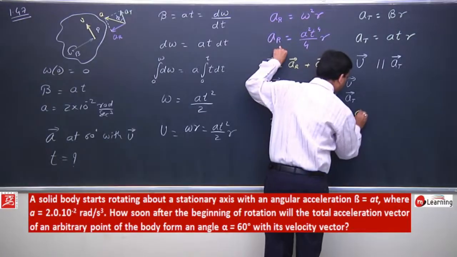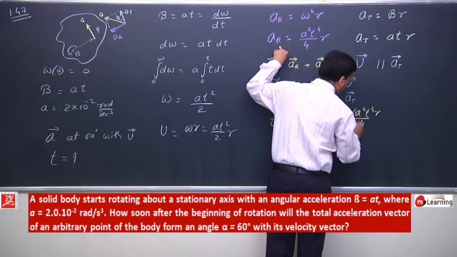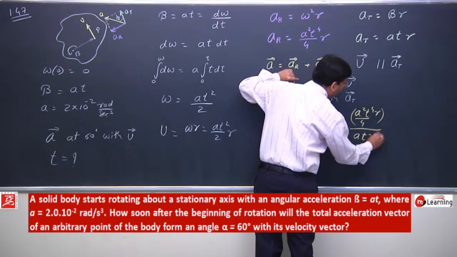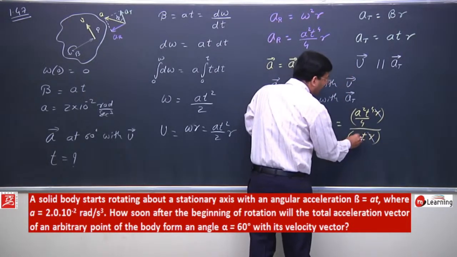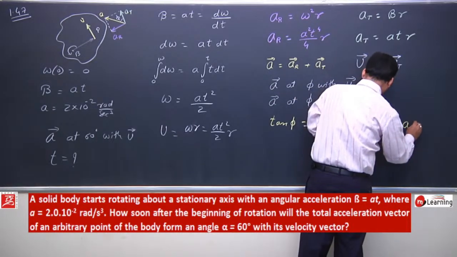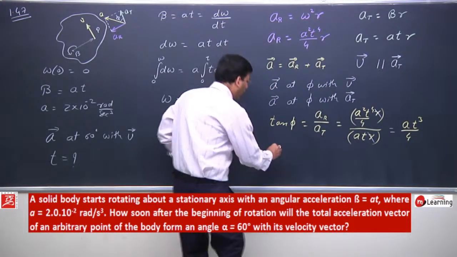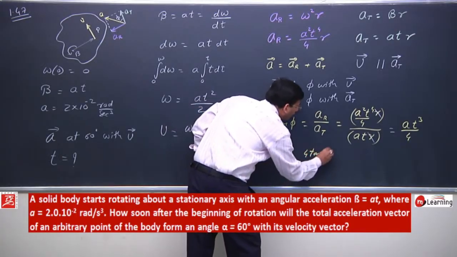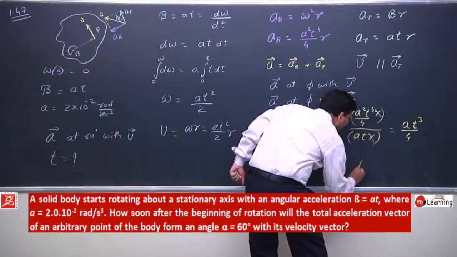a R is a square t to the power 4 r by 4, whole upon a T, which is a t into r. Observe that the r term got cancelled and the equation reduces to a t cube by 4, or t cube is equal to 4 tan phi upon a, the desired time.